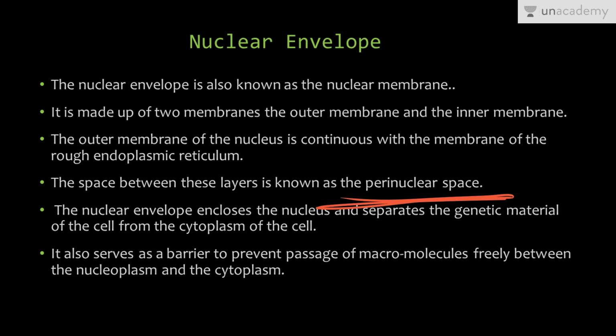The nuclear envelope encloses the nucleus and separates the genetic material of the cell from the cytoplasm, and that is why we say that genetic material is present inside the nucleus and not in the cytoplasm. It also serves as a barrier to prevent free passage of macromolecules between the nucleoplasm and the cytoplasm.